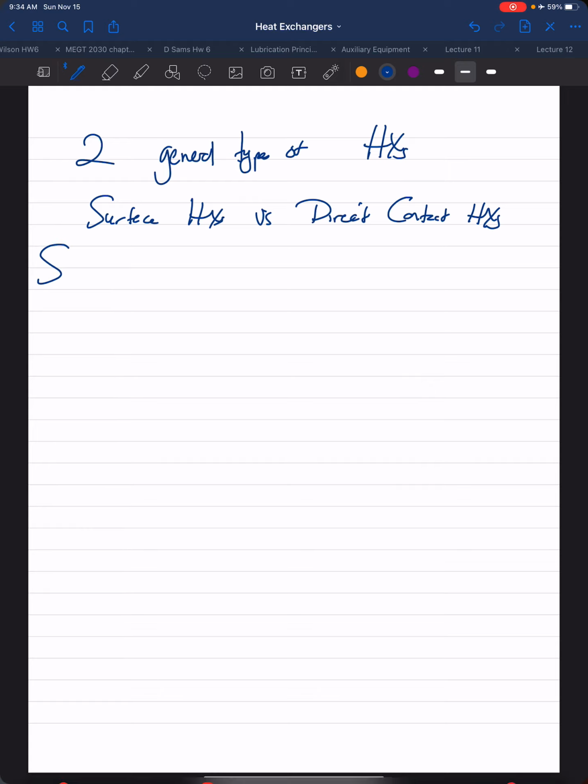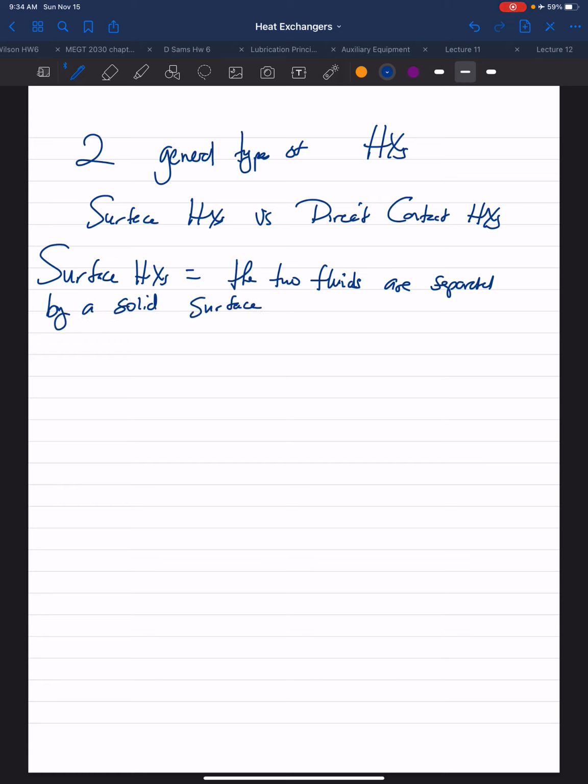For surface heat exchangers, the two fluids are separated by a solid surface, say a tube or metal plate.